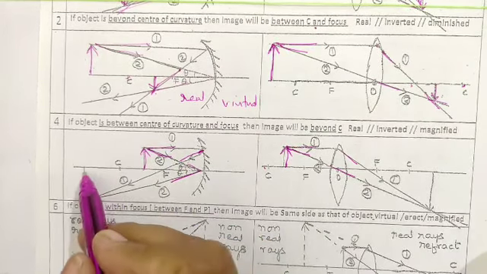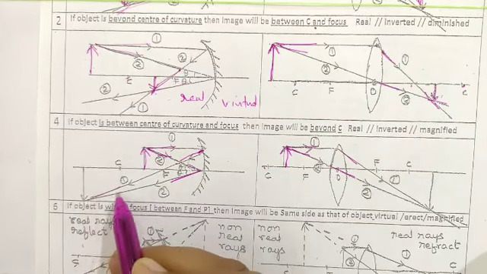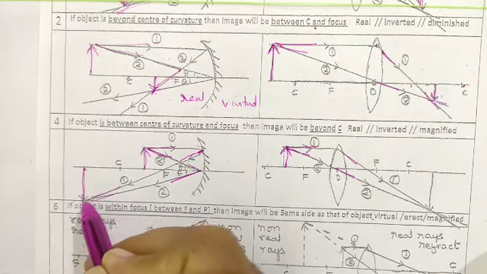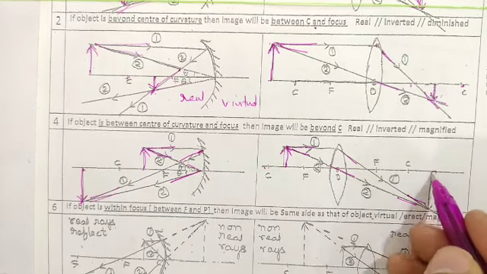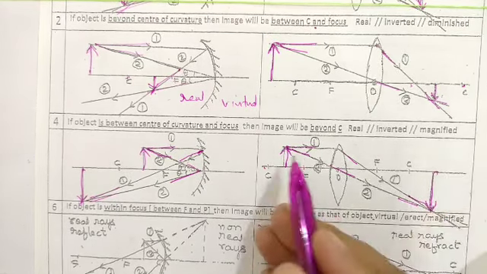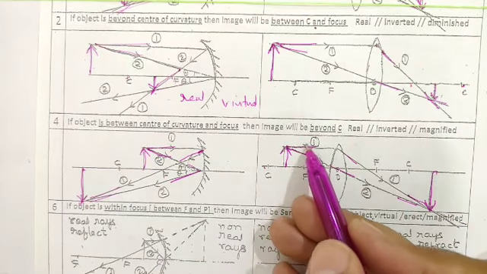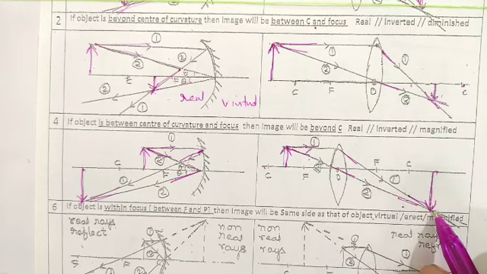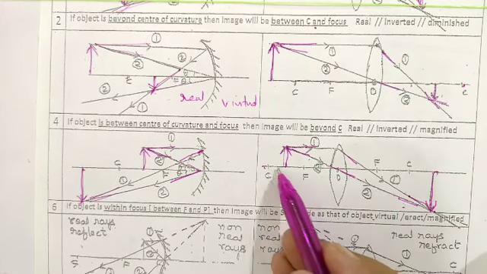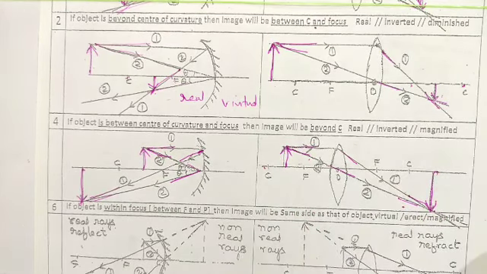Both of them are going to meet at some place, that is, the heads of the reflected rays meet at the image. So the meeting point of the two incident rays is the head of the object, and the meeting point of the two refracted rays is the head of the image. The tail is taken care of by the principal axis.